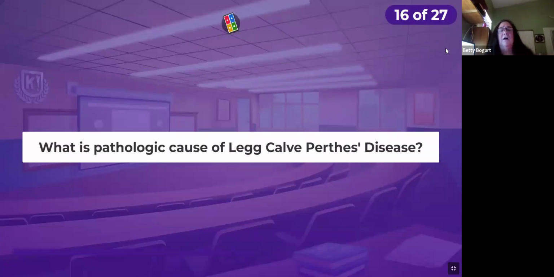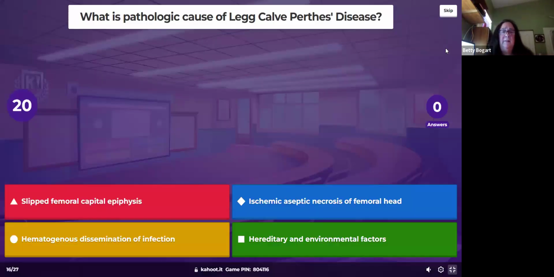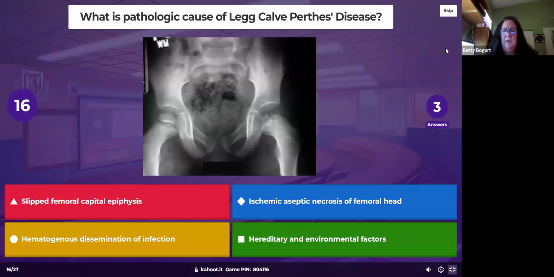What is the pathologic cause of Legg-Calvé-Perthes disease? What causes that? That femoral head is all fuzzy there. What is that?